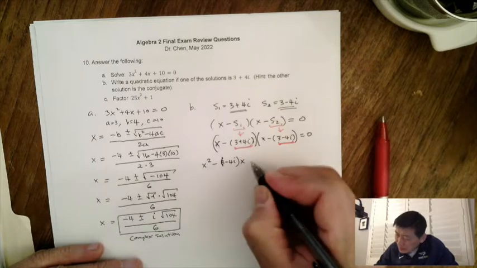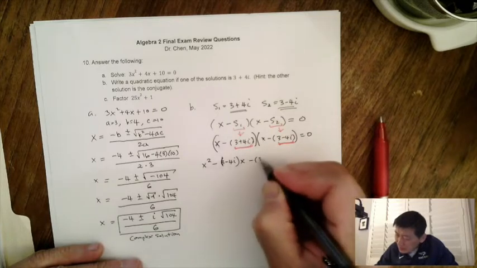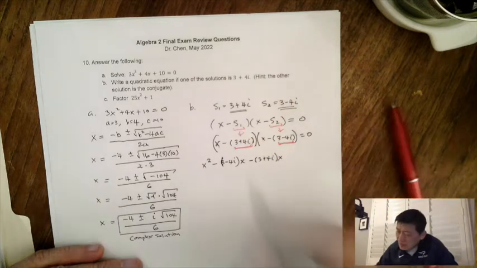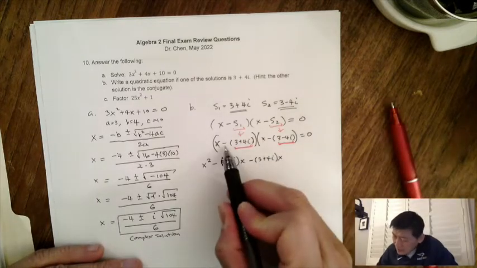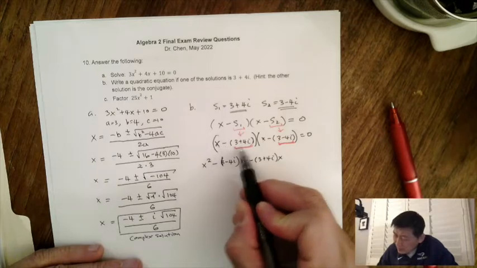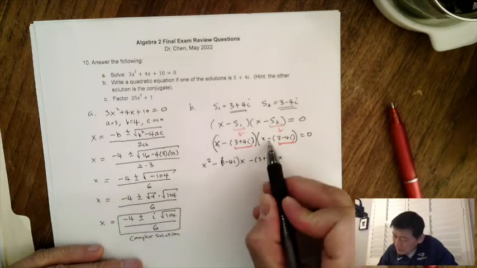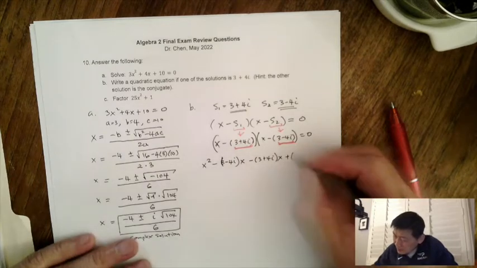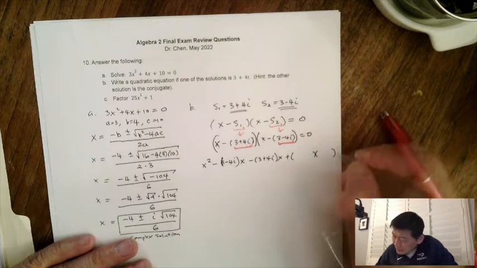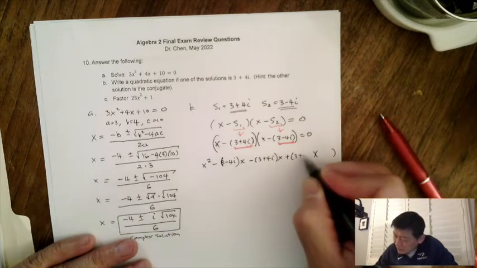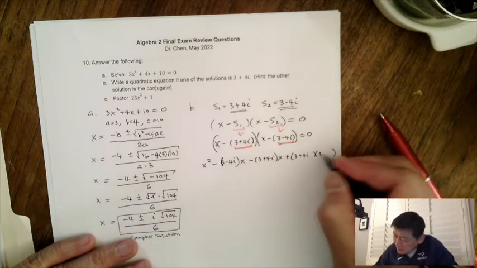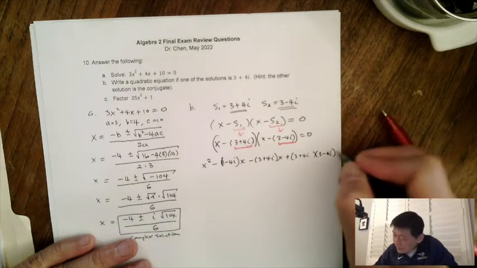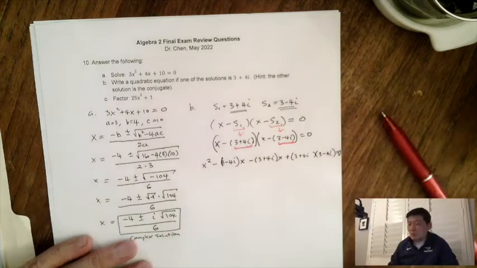Then we end up with negative (3 plus 4i)x. And then you've got negative (3 plus 4i) times negative (3 minus 4i), which will be positive, but we will have two parentheses, right? (3 plus 4i)(3 minus 4i), and then set this equal to 0. I'm running out of room.